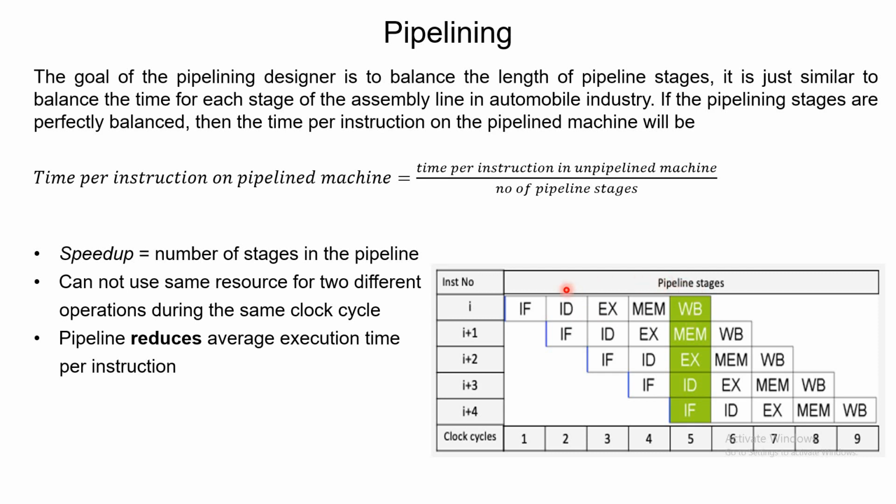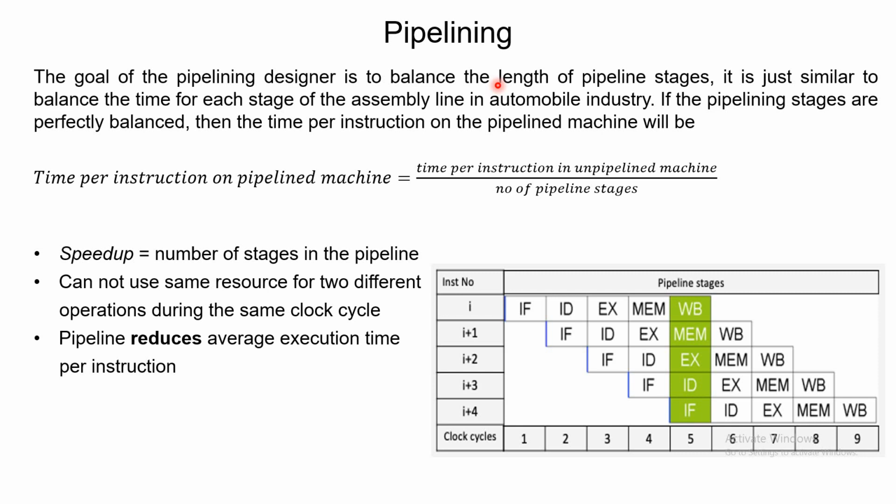In this example, there are 5 different stages, and each stage of the pipeline performs a different operation. A good designer has to keep in mind that the length of the pipeline stages must be balanced. It is similar to balancing the time of each stage of the assembly line in the automobile industry.